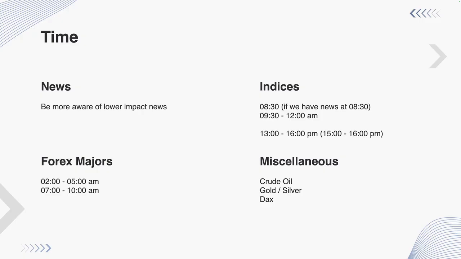Right here, news. Be more aware of lower impact news. And I'm not referring to yellow folder news, of course, unless you're trading crude oil and you want to look at crude oil inventories. But I am also talking about the US dollar unemployment rate, for example. Also red folder news, which I would not necessarily pay attention to if I'm trading a filtering process.